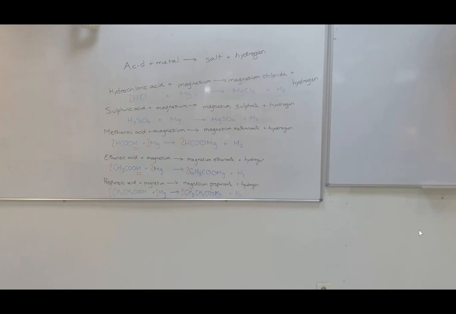Those hydrogens are then going to pair up to form hydrogen gas, which is why I need two of everything else. So I'm going to have two methanoic acids, each of which is going to lose that underlined hydrogen. The underlined hydrogen will be replaced by a magnesium, and the two hydrogens that have been removed are going to pair up to become the H2 gas at the end.